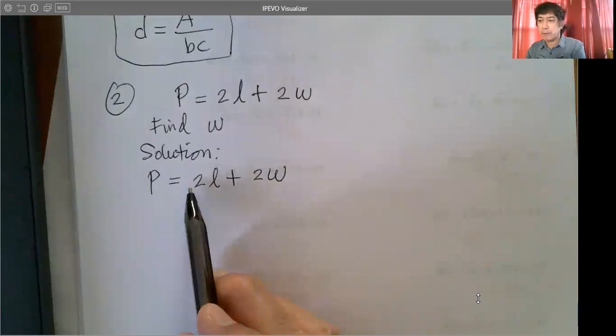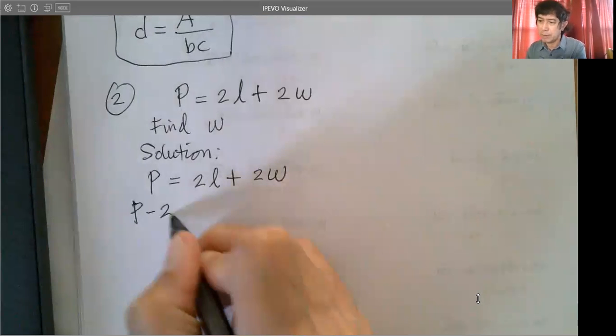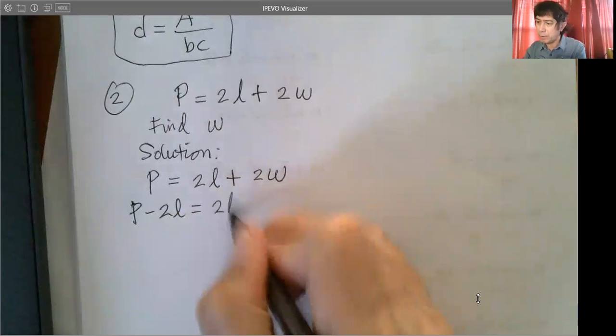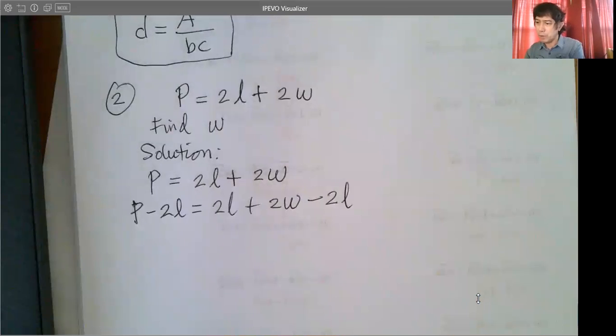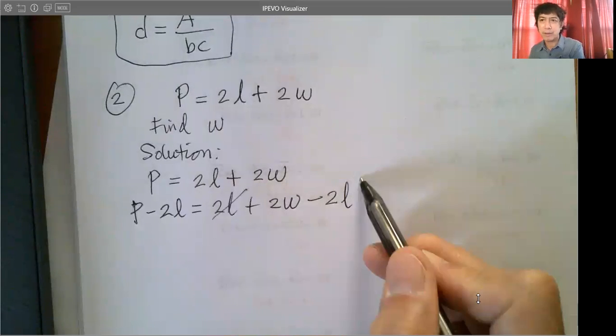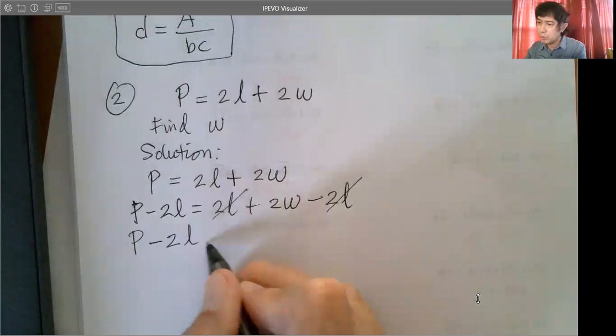So if you subtract 2L from both sides, you have 2L plus 2W minus 2L, and this cancels out with the other 2L, and you now have P minus 2L equals 2W.